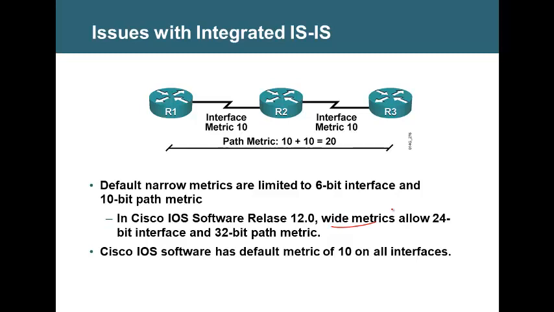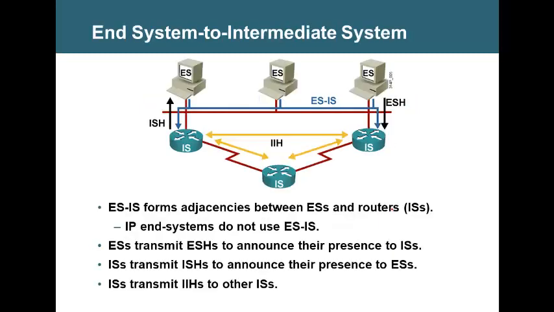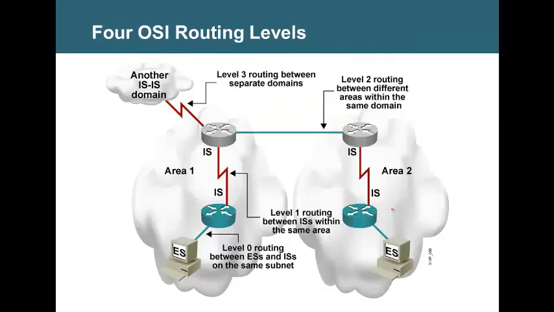Between areas, it is L2 adjacency. Within an area, it is L1 adjacency. Between autonomous systems, they call it L3 routing, but there is nothing called L3 adjacency. Okay, it's L3 routing.